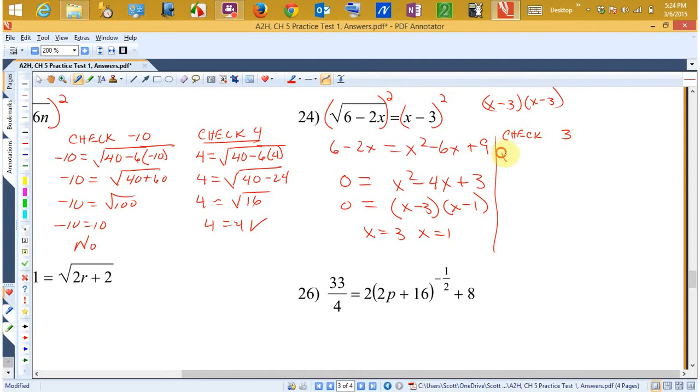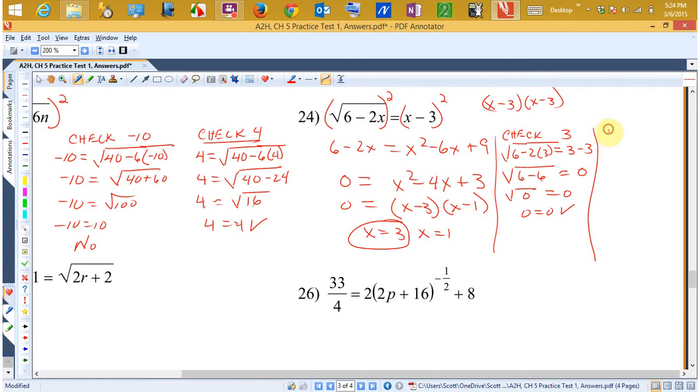I've got the square root of 6 minus 2 times 3 is equal to 3 minus 3. The square root of 6 minus 6 is equal to 0. The square root of 0 is equal to 0. 0 equal to 0. That's true. That's a good solution.